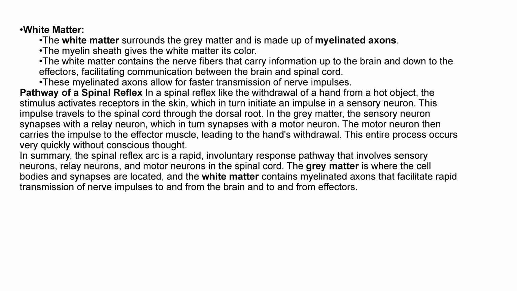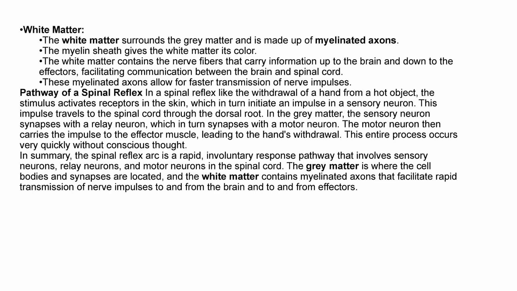It is the pathway of a spinal reflex. In a spinal reflex, like the withdrawal of a hand from a hot object, the stimulus activates receptors in the skin, which in turn initiate an impulse in the sensory neuron. This impulse travels to the spinal cord through the dorsal root. In the gray matter, the sensory neuron synapses with the relay neuron, which in turn synapses with the motor neuron.